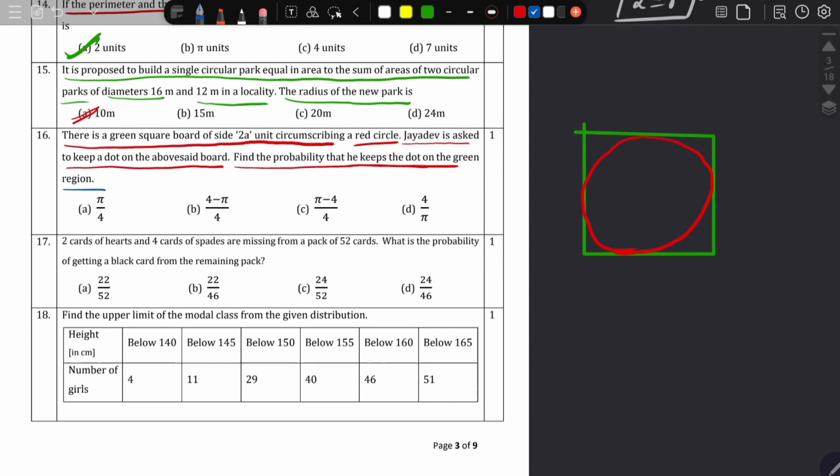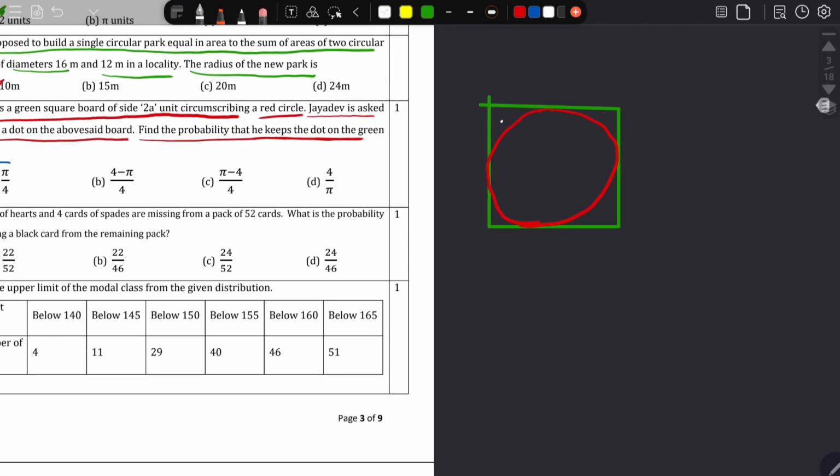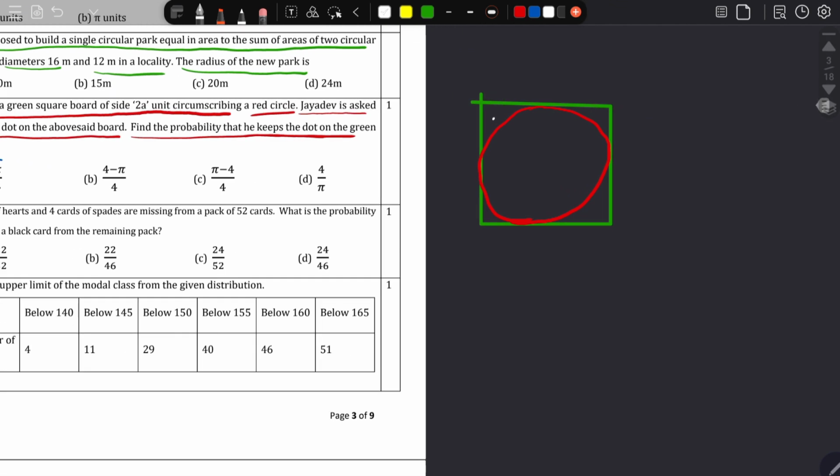How to find the probability? This probability is related to areas. This area can be found by using area of a square minus area of a circle. I'll get this empty portion. So the favorable area is the numerator, and we divide by the total area.